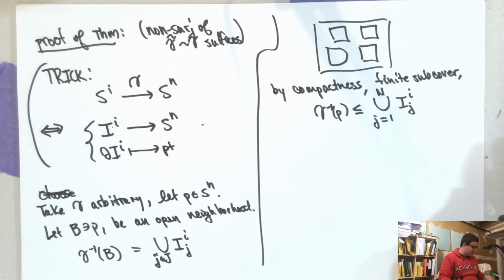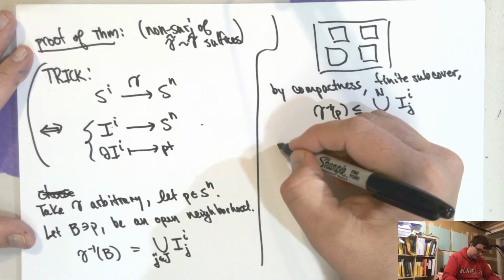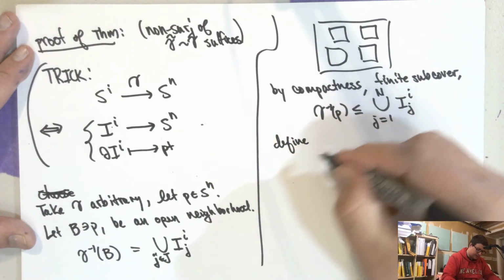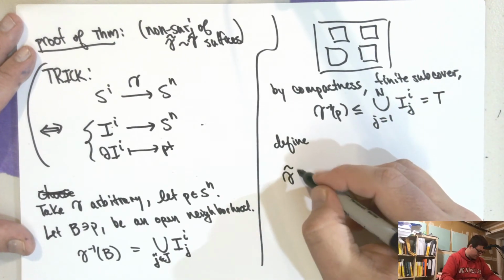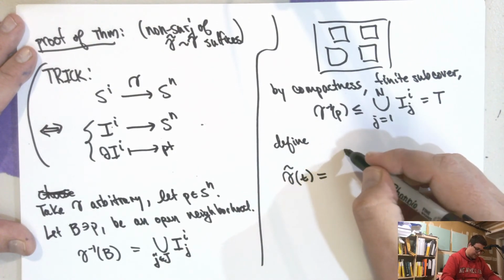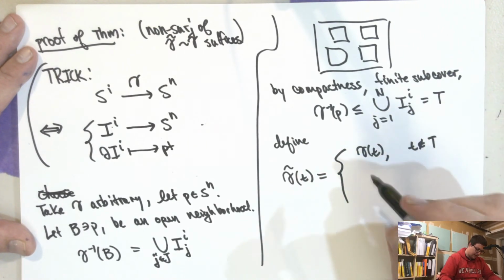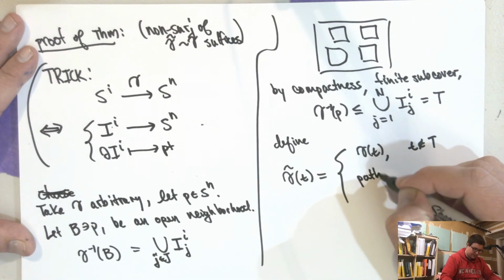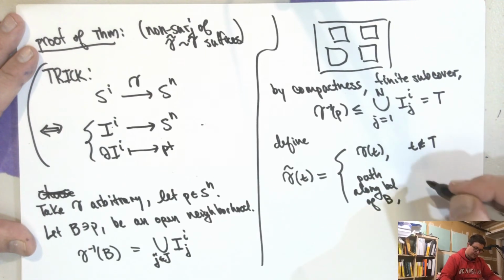And so what we'll do is we just modify it, we take a path on the boundary. So then we define gamma tilde, and we'll call this T again. Gamma tilde of t is going to be gamma of t if t is not in T, and then we'll just do a path along the boundary of B if t is an element of T.